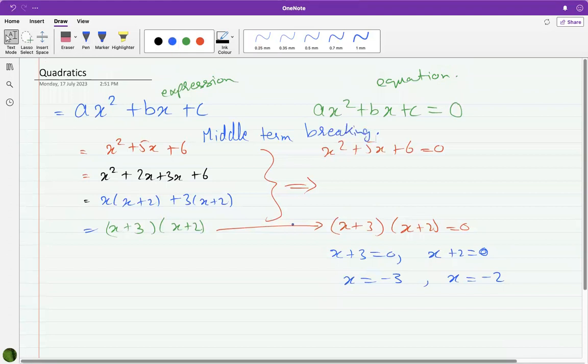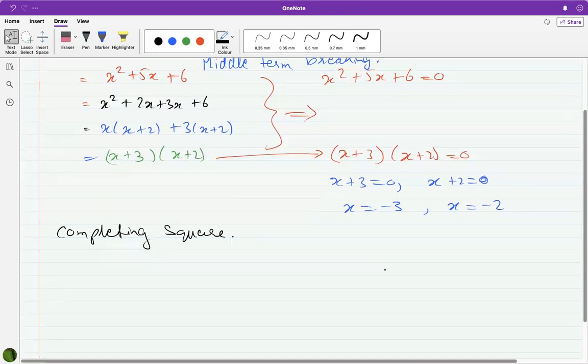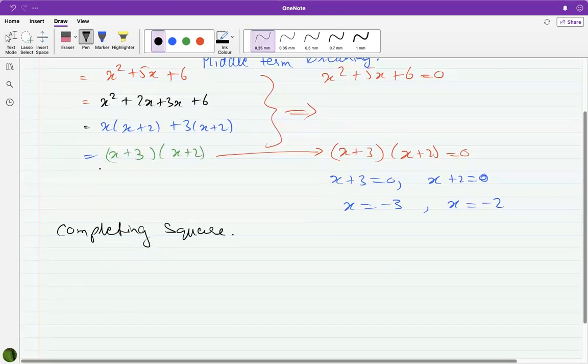Moving on to the second method, the other two are only used for finding the values, which is completing square and the third one would be quadratic formula. I'm starting with completing square, copying the same equation, which is x square plus 5x plus 6 is equals to 0.